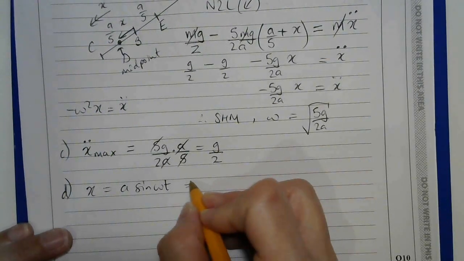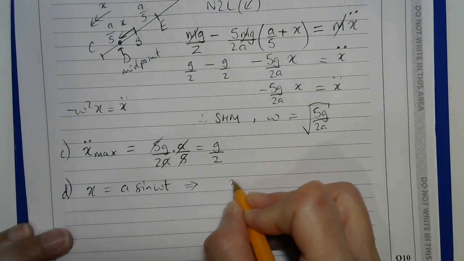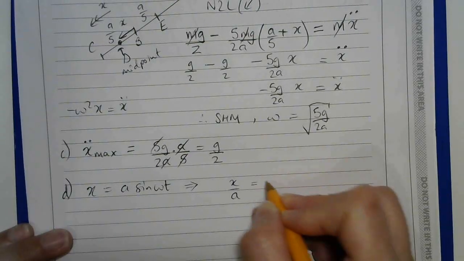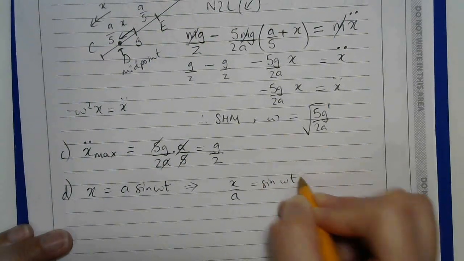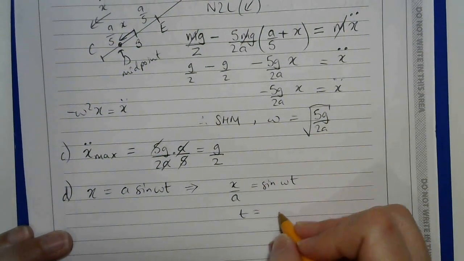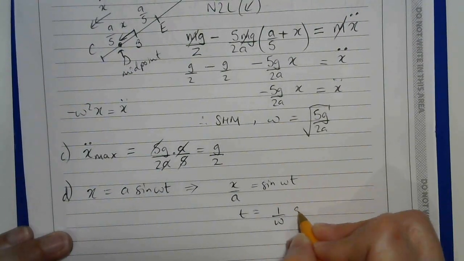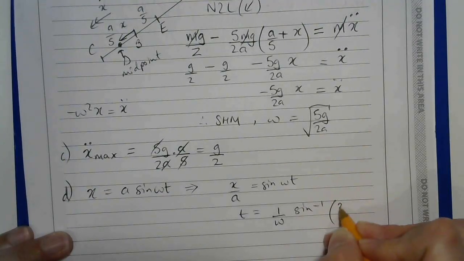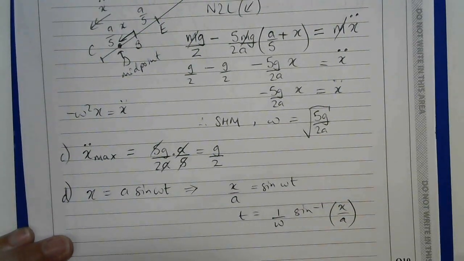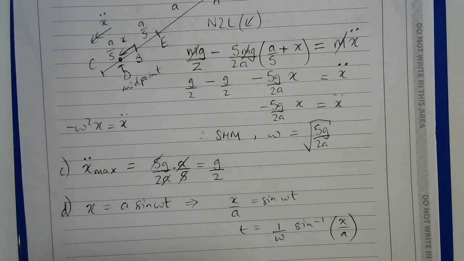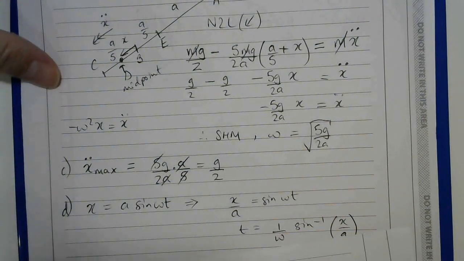Now, if I just rearrange this, I get x over a is sine omega t. So therefore t will be 1 over omega inverse sine of x over a, rearranging this. So then I can use that to get the 2 times that I need.